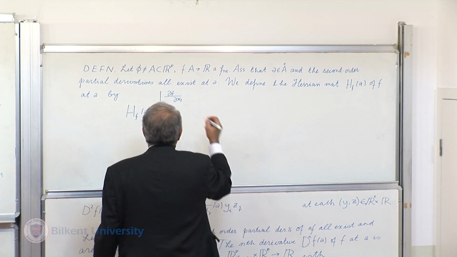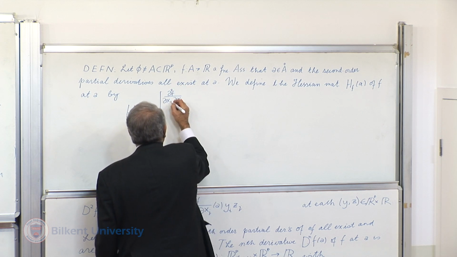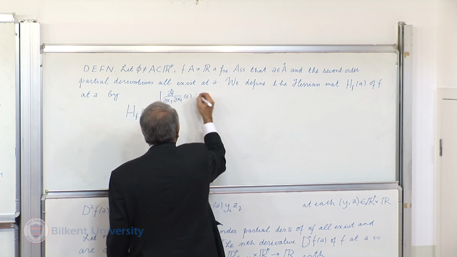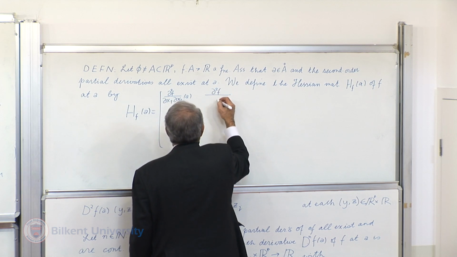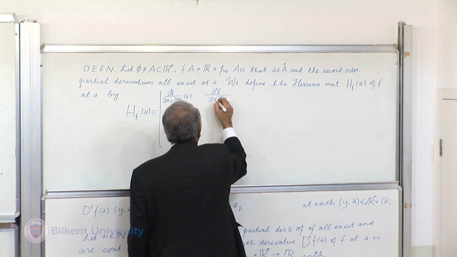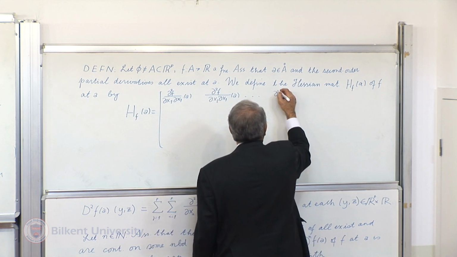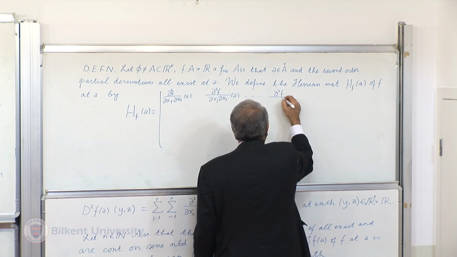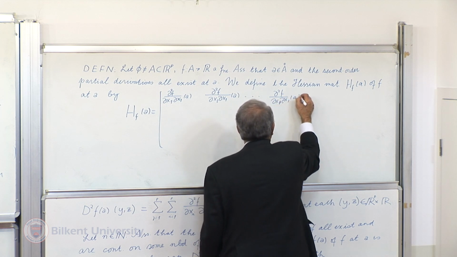That is, this will be the second derivative of f, del x1 del x1 at a. Then this will be del x1 del x2 at a, up to del x1 del xp at a.